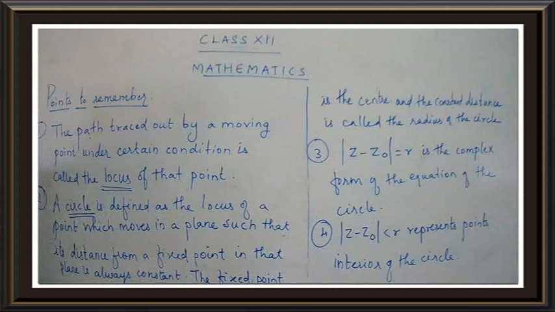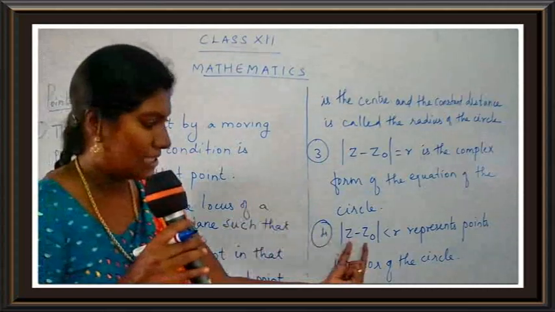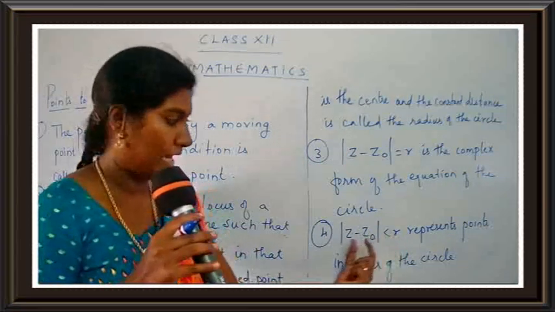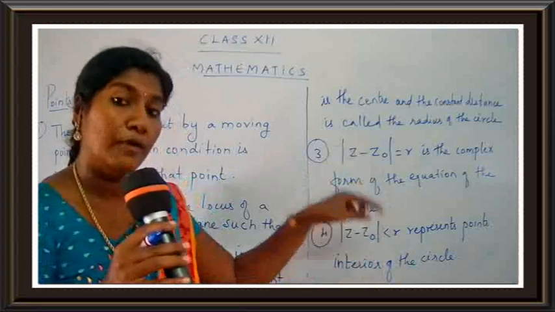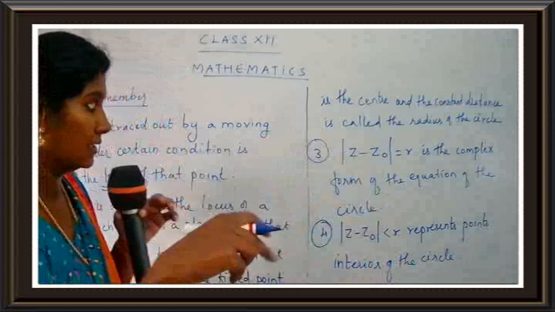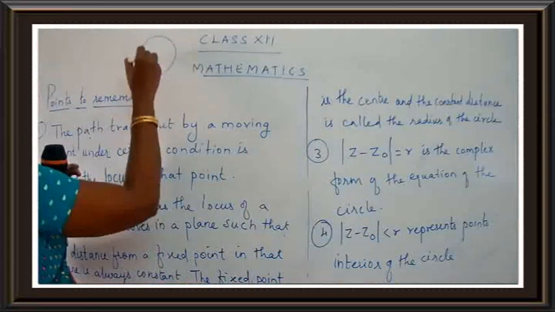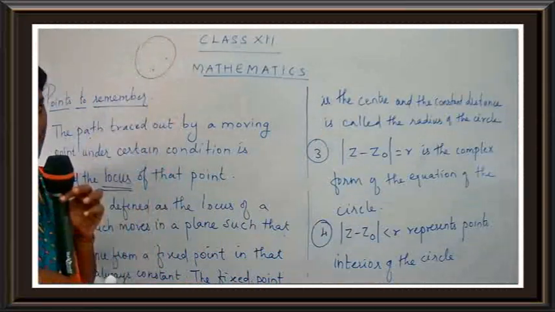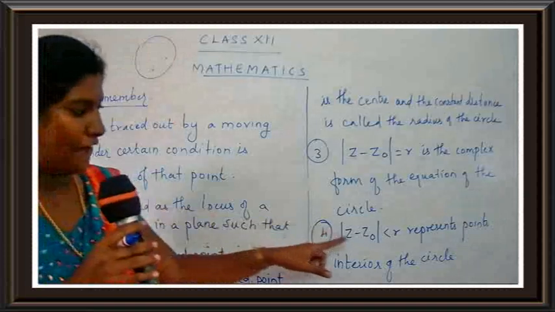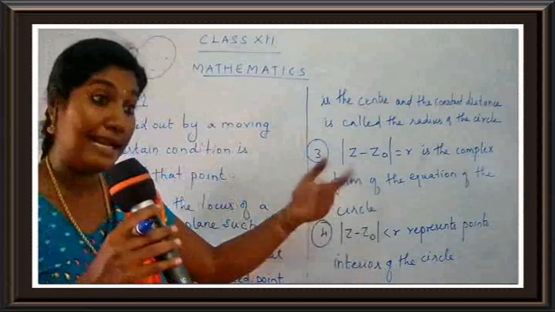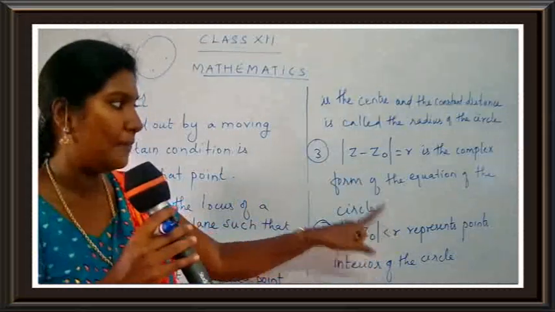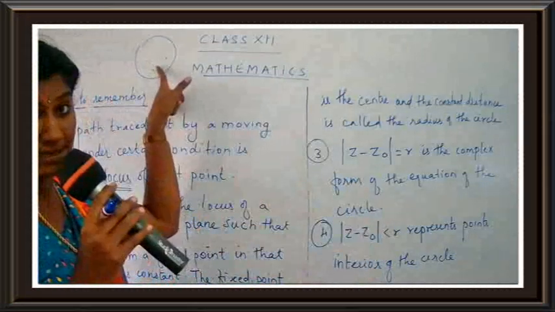And if you get the answer less than r, that means you are talking about the interior points of the circle. If it is less than r, it will be lying inside the circle, yes children?